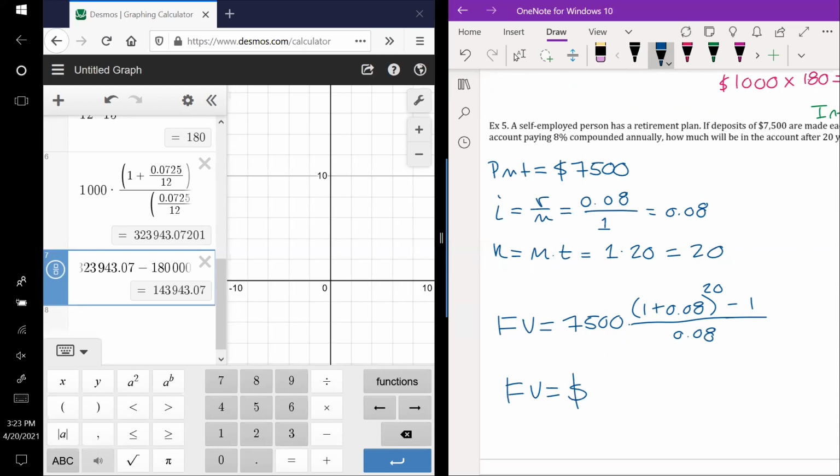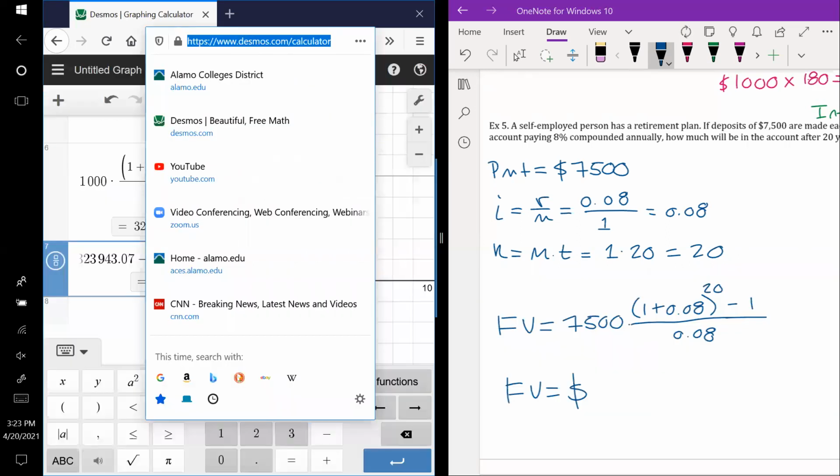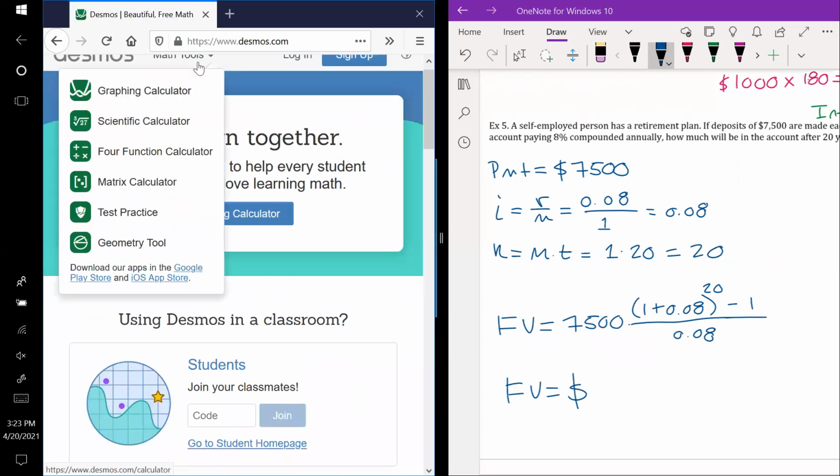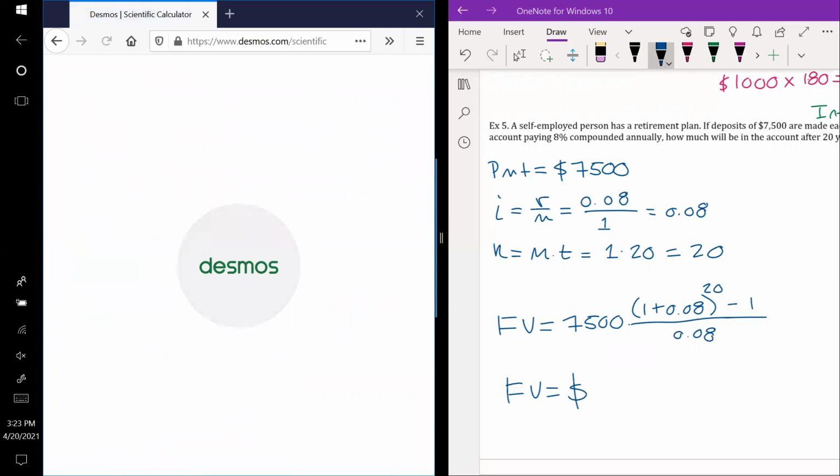And now type it in the calculator just like we see it. And I don't think I need an actual graph. So let me just go back to Desmos and just use the scientific calculator that they have.